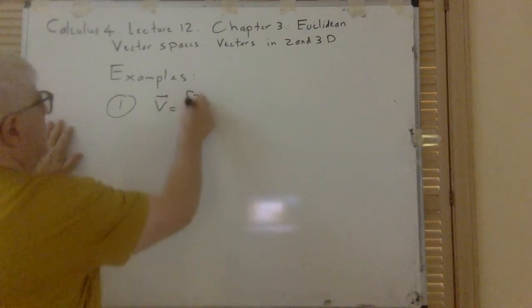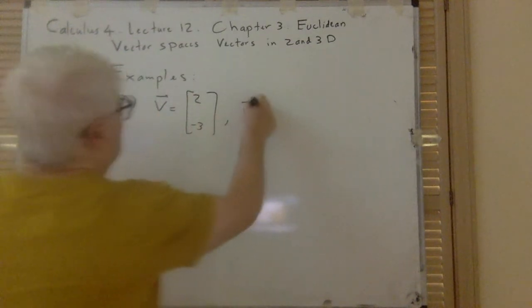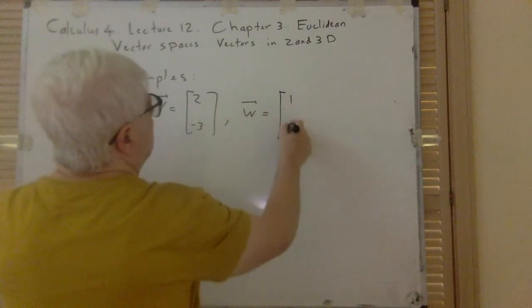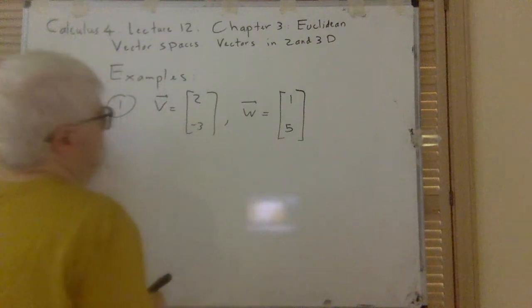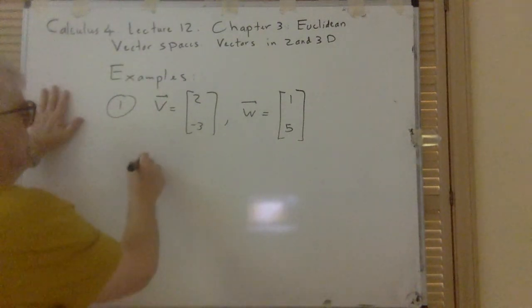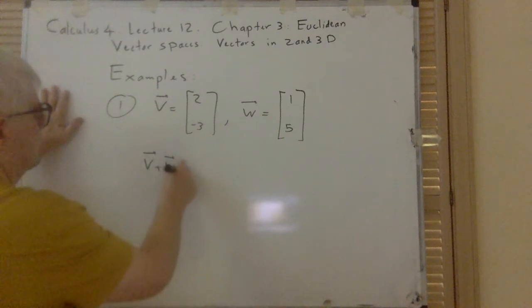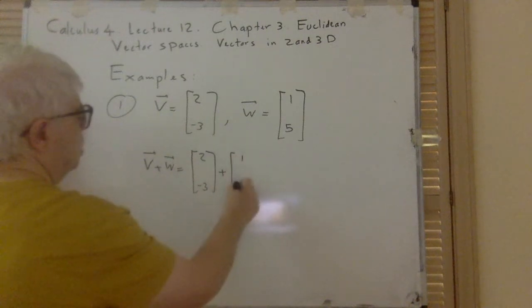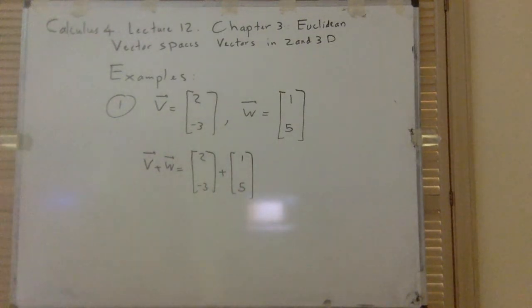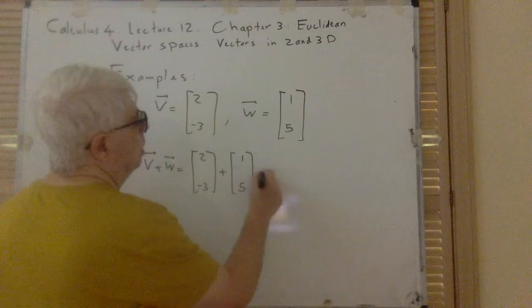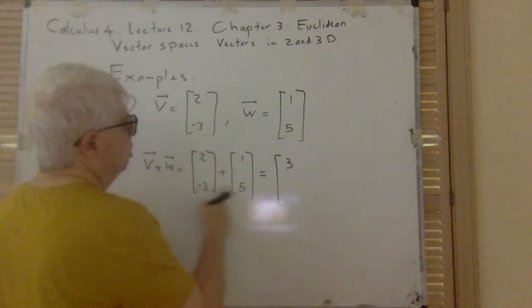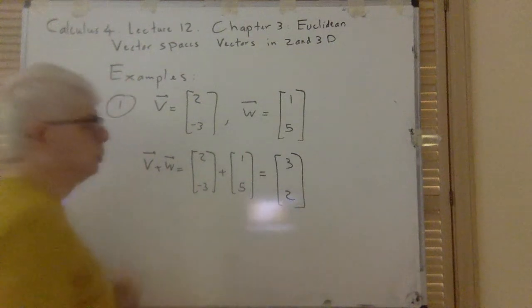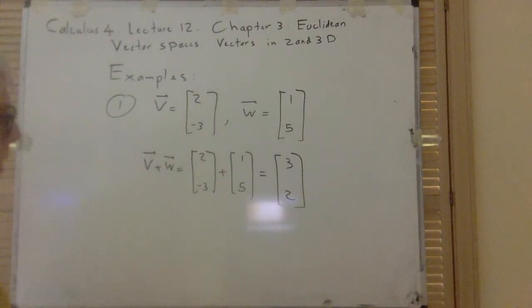So V is, say, 2, minus 3, and W is 1 and, say, 5. So what is V plus W? Very simple. We just add them as matrices. So we see that matrix addition in fact gives me vector addition. So 2 plus 1 is 3, 5 minus 3 is 2. So you just add corresponding coordinates, or entries in this case.